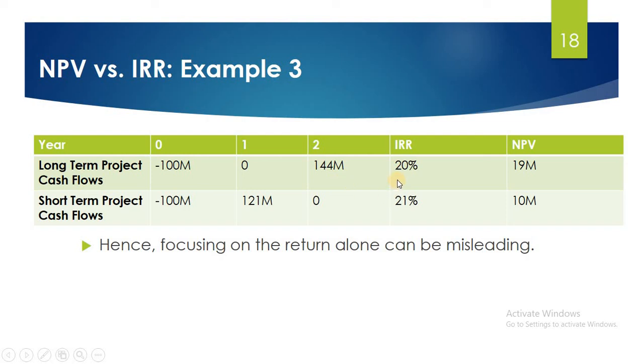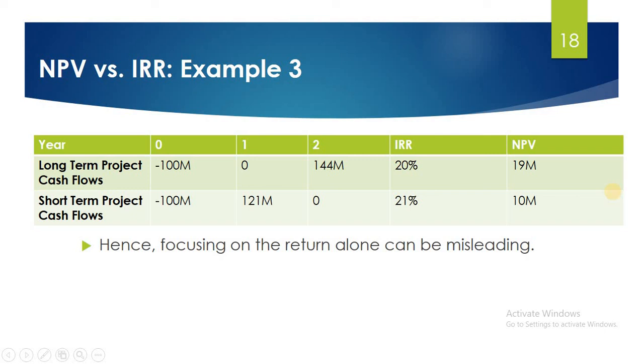Now, if you look at the IRR, the long-term project has an IRR of 20%, whereas the short-term project has an IRR of 21%. So based on IRR, the short-term project is better than the long-term project. Now, if we look at NPV of these projects, you can see that the long-term project has an NPV of $19 million, whereas the short-term project has only $10 million NPV.